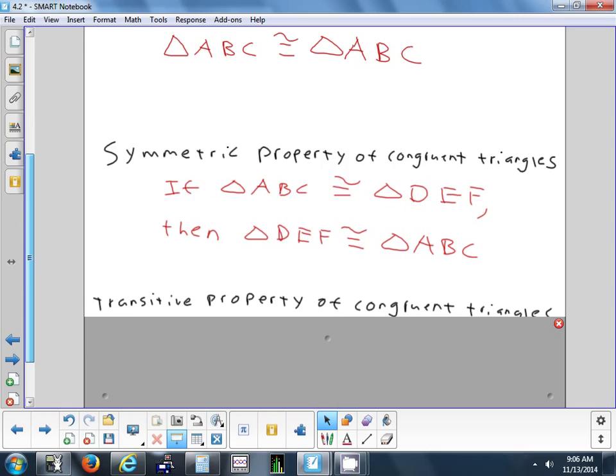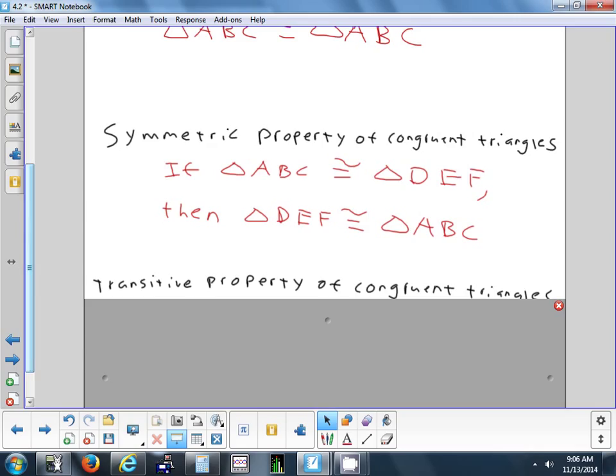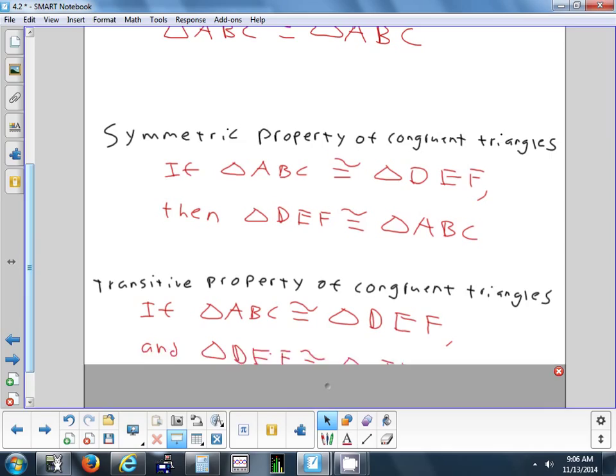We did it with segments. It's going to be the same thing. Just what's the general idea of a transitive property? Luke? If like x equals y and y equals z, then x is equal to z. Exactly, yep. So it's when you have that chain of things, and then the first one and the last one are equal. We're going to do the same thing with triangles.